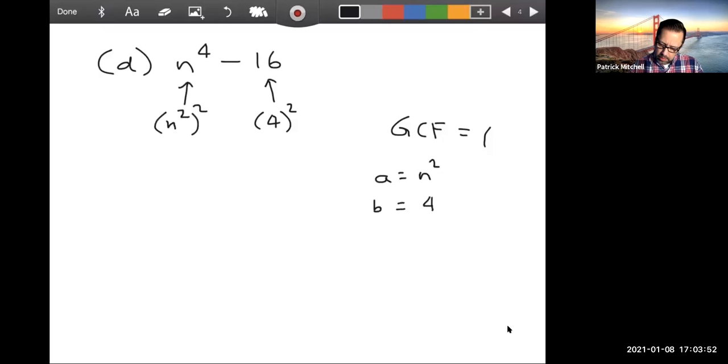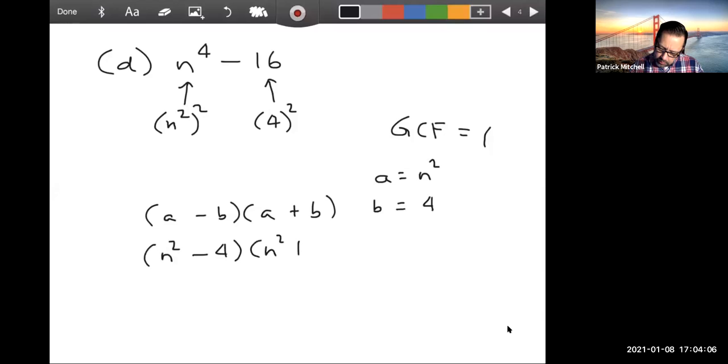Okay, so how about this time we just write A minus B, A plus B. So that would give me n squared minus 4 times n squared plus 4. All right. So that is the B student answer.